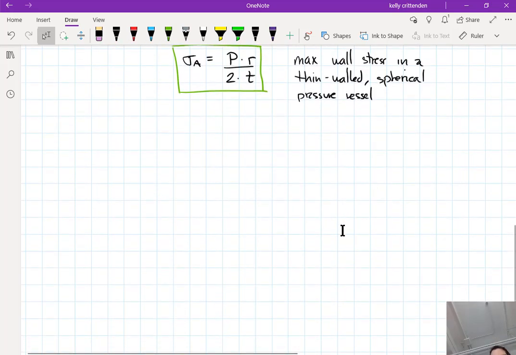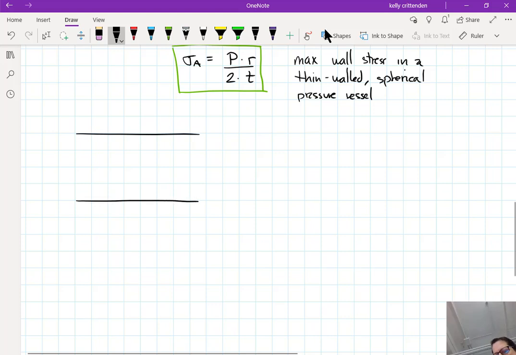The other thing that pressure vessels look like sometimes are cylinders. Again, I said we're not concerned with what the ends look like.